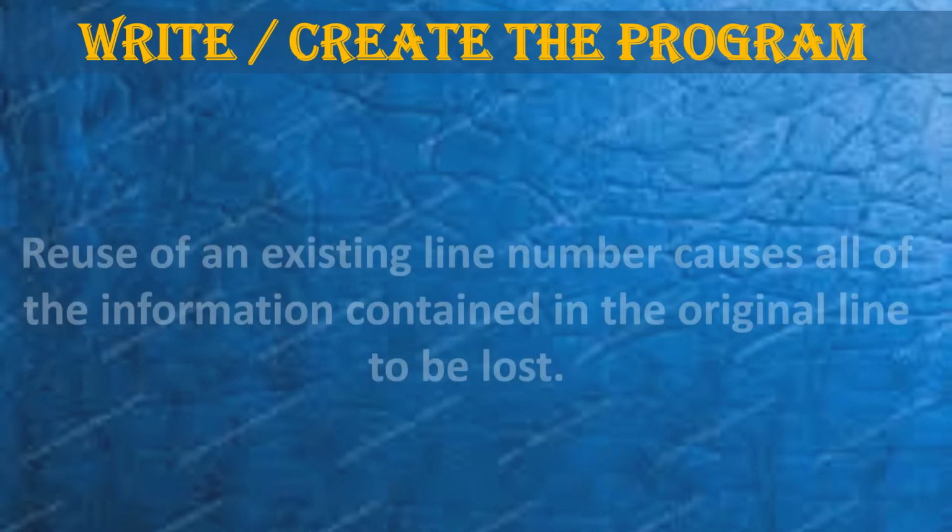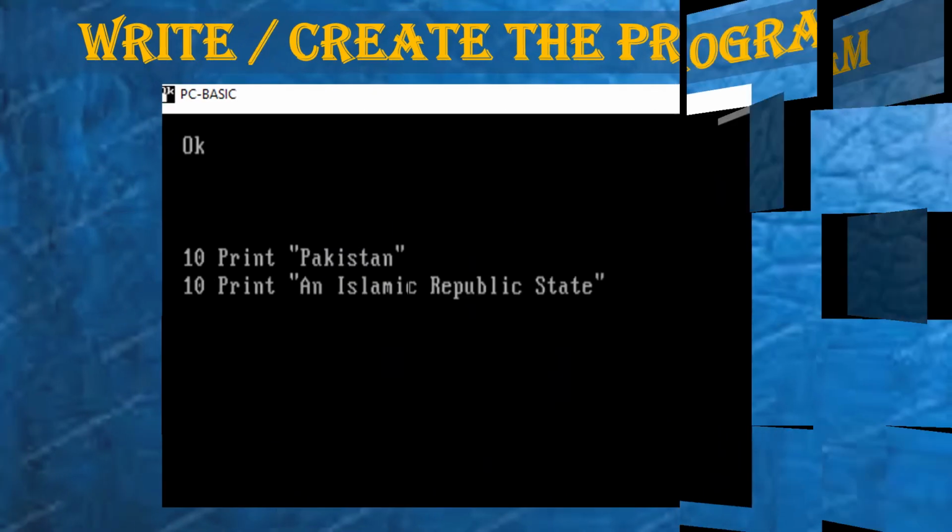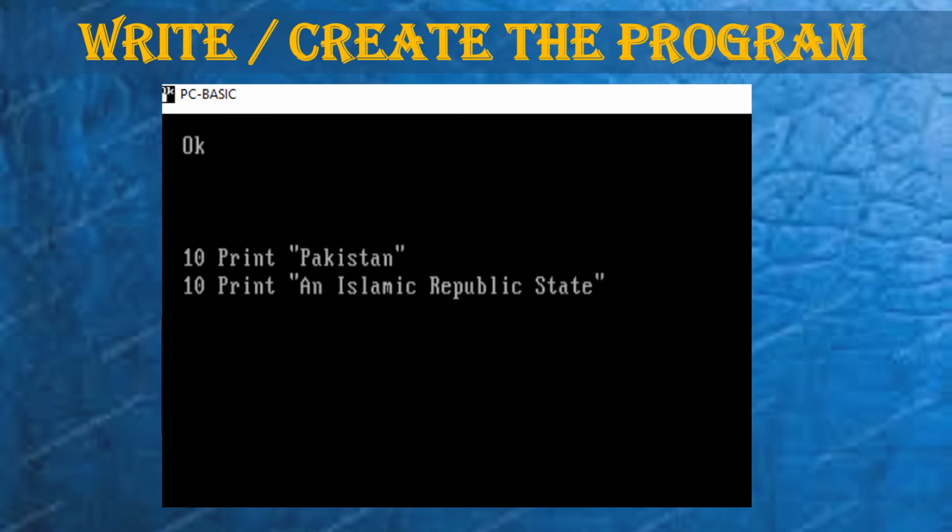One more thing, don't repeat the line number. Reuse of an existing line number causes all the information contained in the original line to be lost. You can see it in the next example. I have written a very short program containing just 2 lines. 10 PRINT Pakistan, and I'm going to repeat the number 10 again: PRINT an Islamic Republic state.